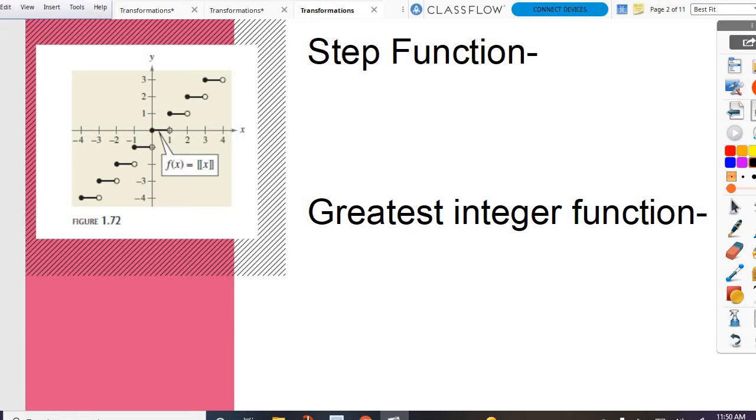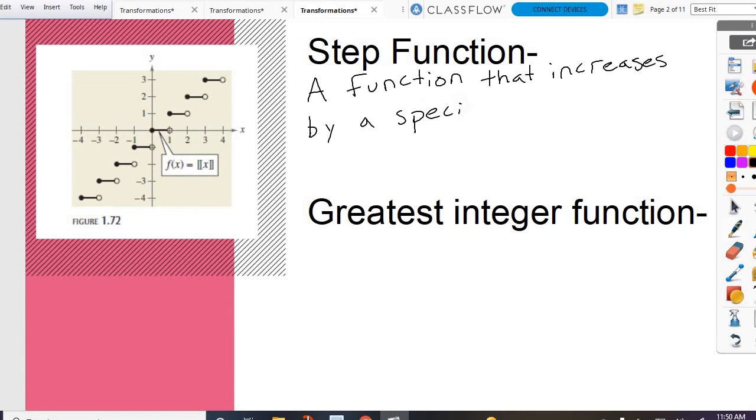So a step function is going to be a function that increases by a specific interval or step.